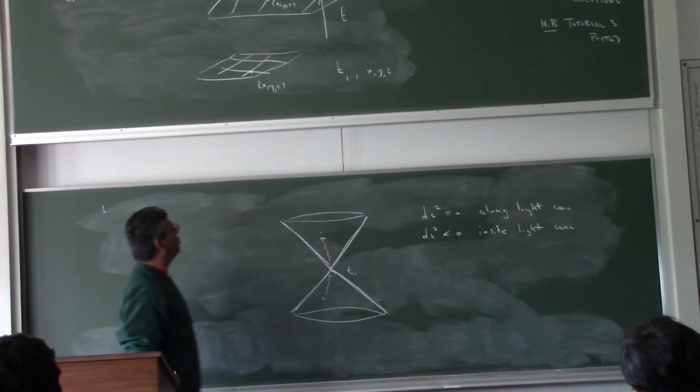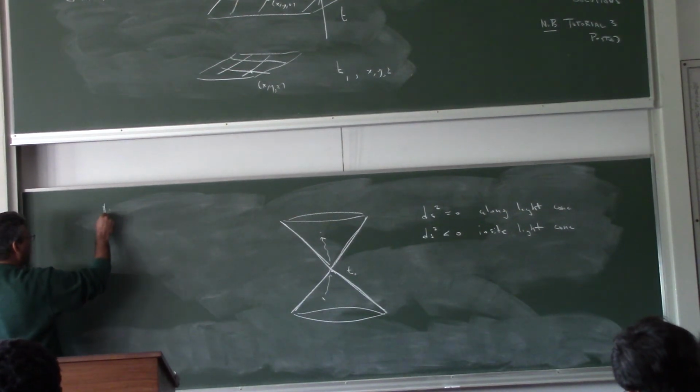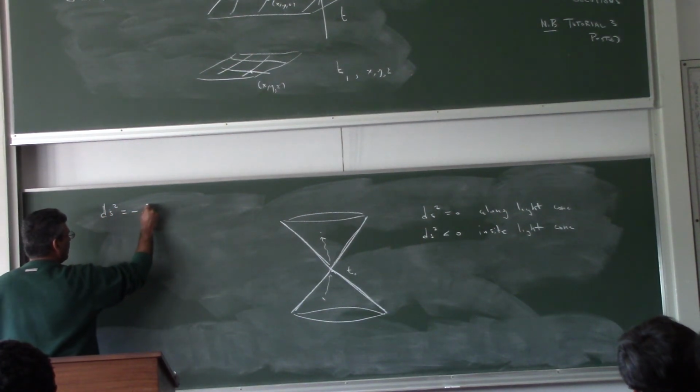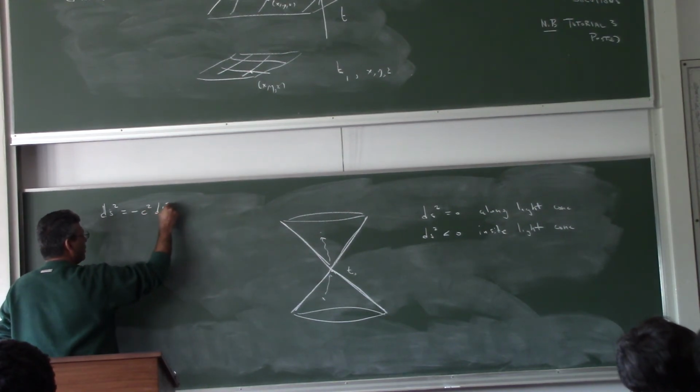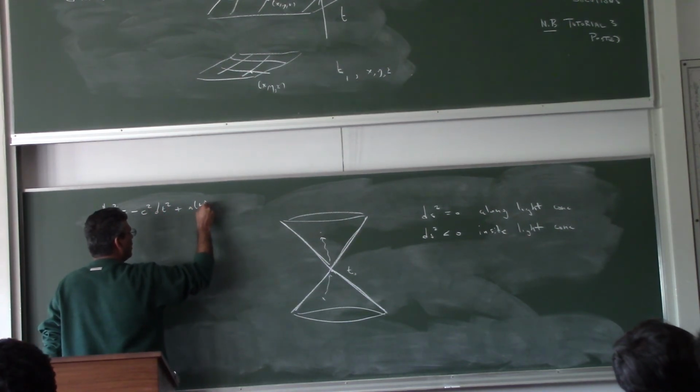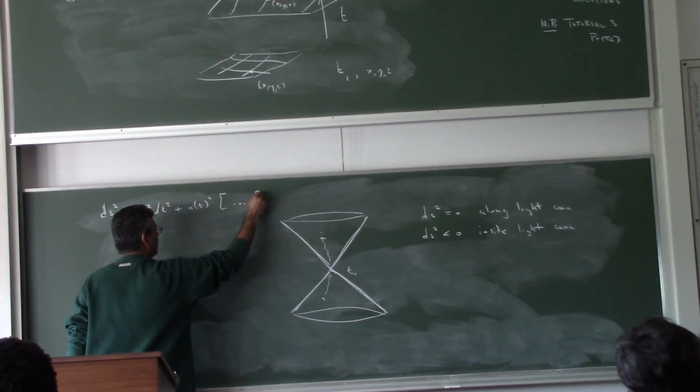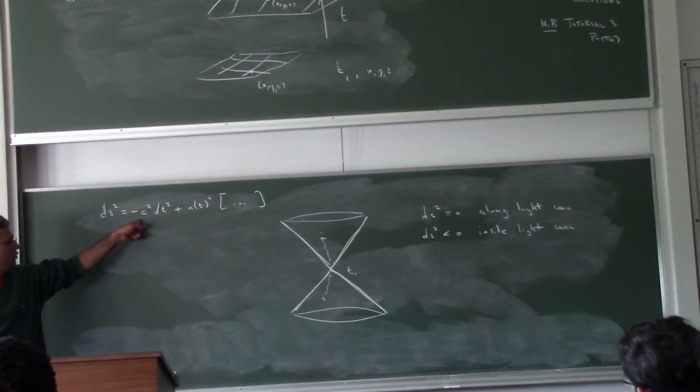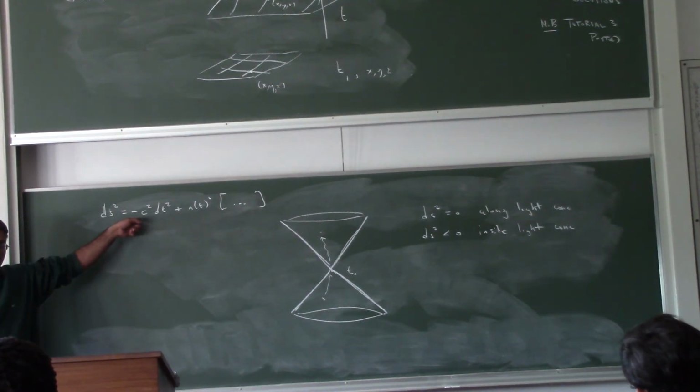The distances are negative because we have a factor here. So there's a negative sign in front of the term which involves dt squared.